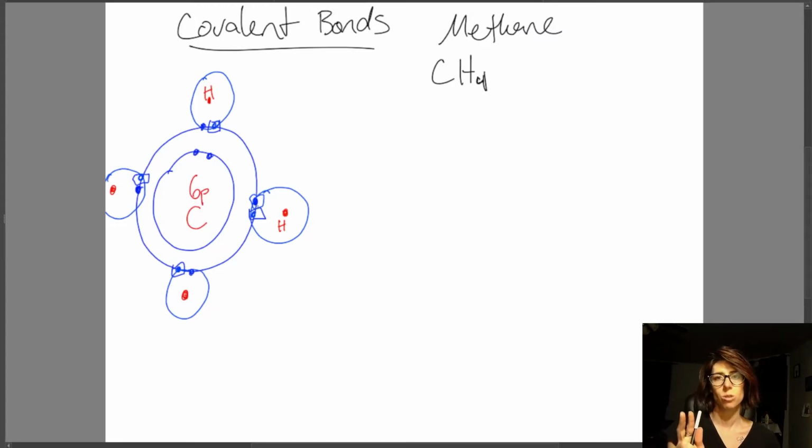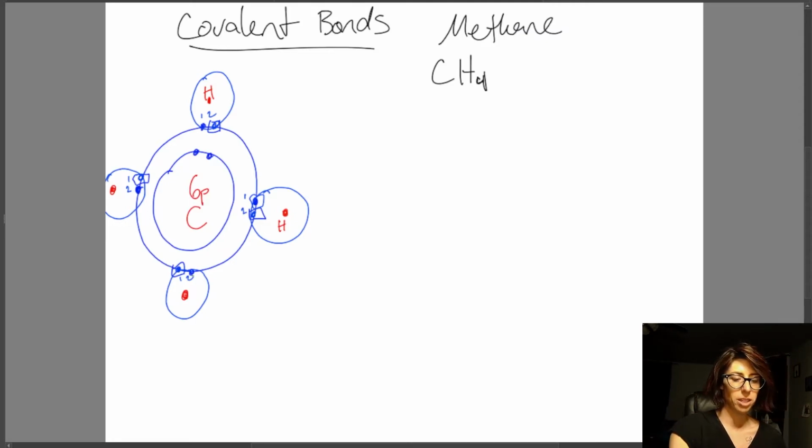It needs 2 to fill that innermost electron shell, which is its outer electron shell. So this hydrogen here has 1, 2. This hydrogen here has 1, 2. This hydrogen here has 1, 2. This hydrogen here is 1, 2. Oh, they all have a full valence because of this sharing with carbon, so they're all stable and content.